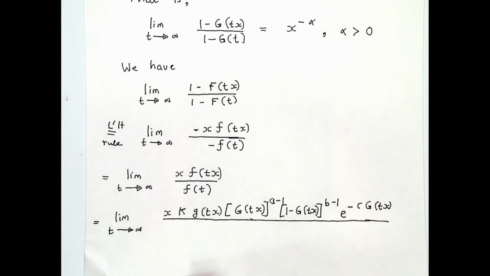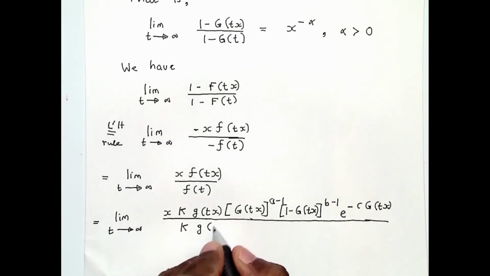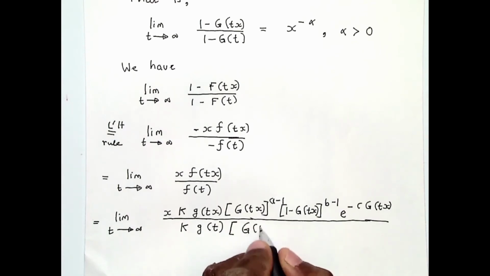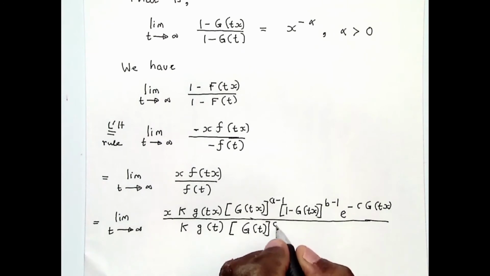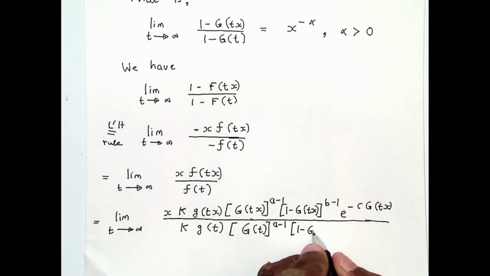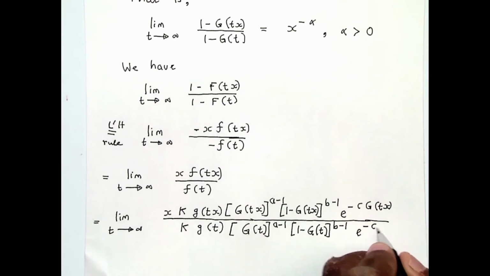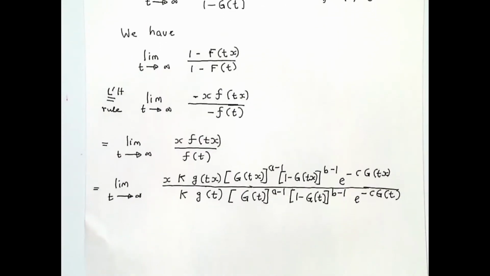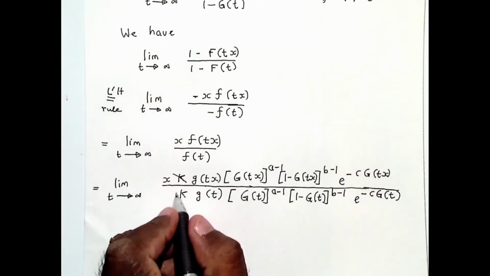Right, and in the bottom you have k. Okay. Right, now you see that these two cancel out.